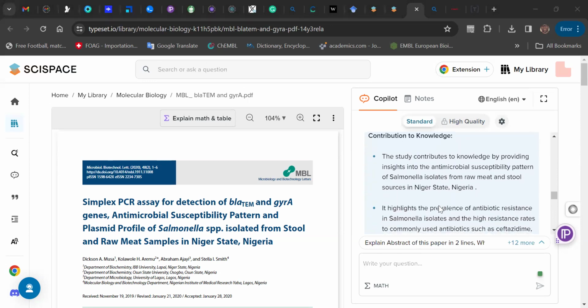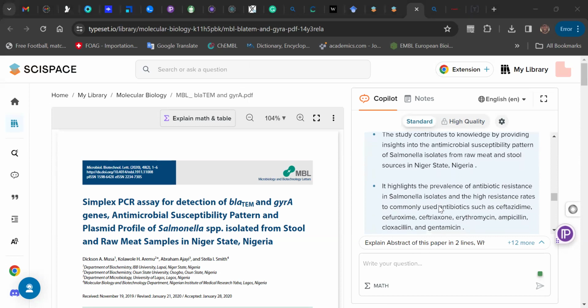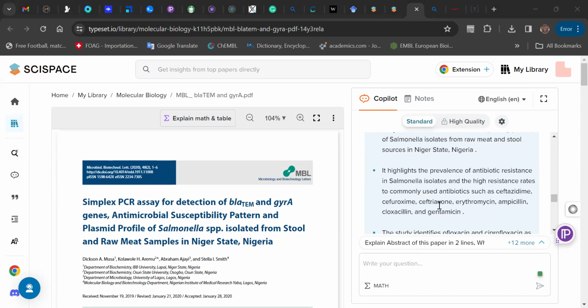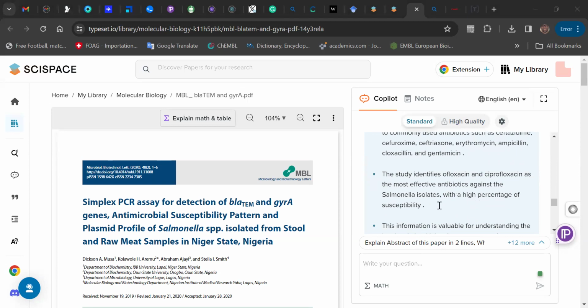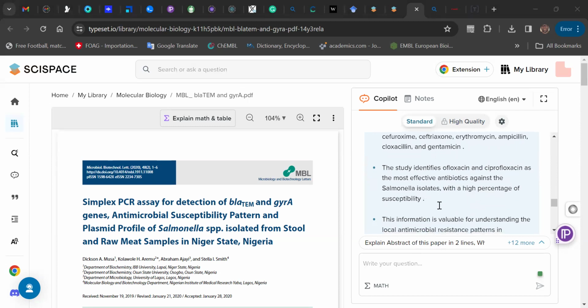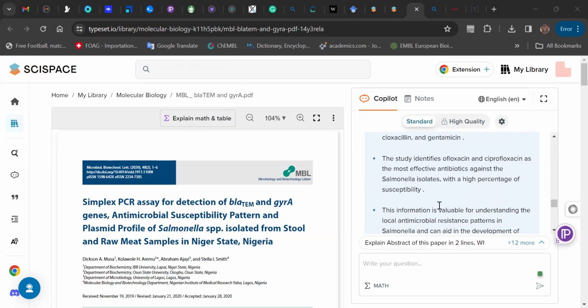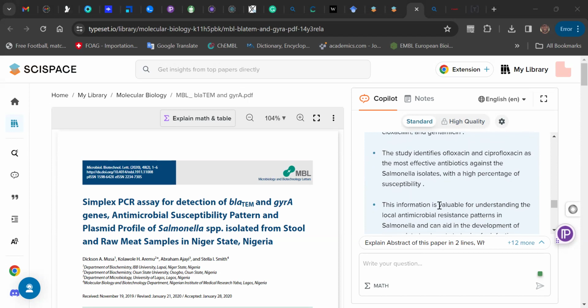The study contributes to knowledge by providing insight into the antimicrobial susceptibility pattern of Salmonella isolates. It highlights the prevalence of antibiotic resistance. The study identified ofloxacin and ciprofloxacin as the most effective antibiotics against Salmonella isolates.